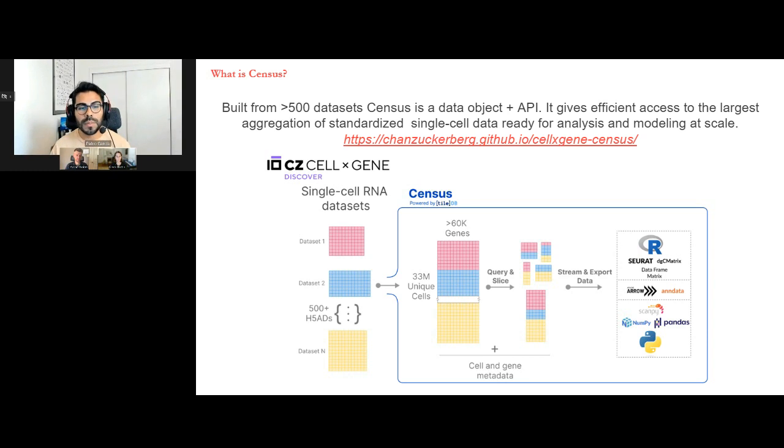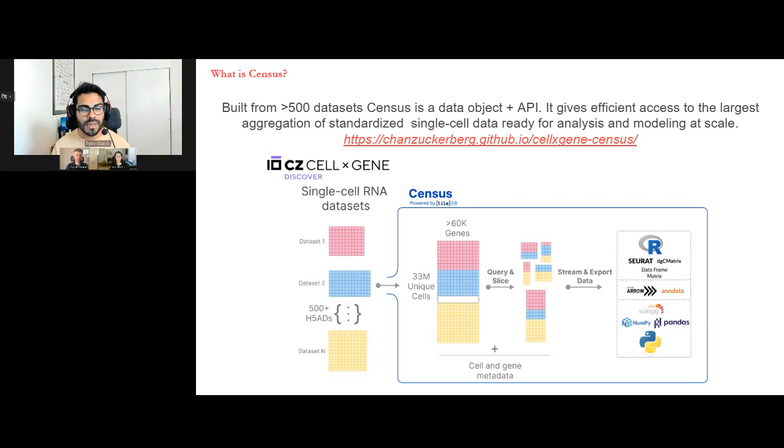So the way we built Census was by taking all of the standardized datasets that we have in CELLxGENE, concatenating them into a large TileDB-SOMA object that contains all the more than 30 million unique cells for human and around 5 million unique cells for mouse across all the 60,000 genes in their genomes.